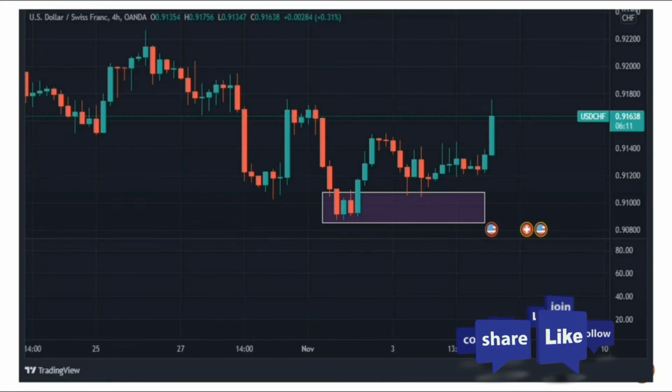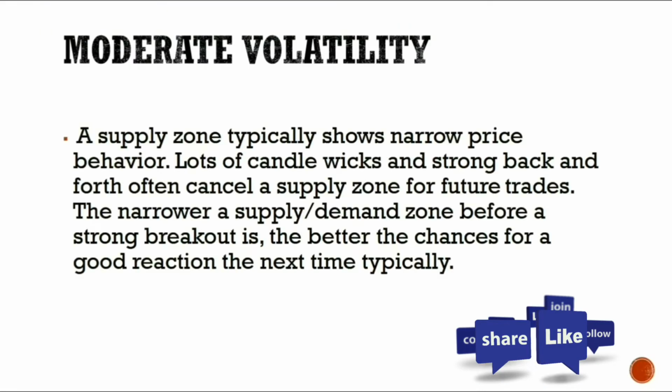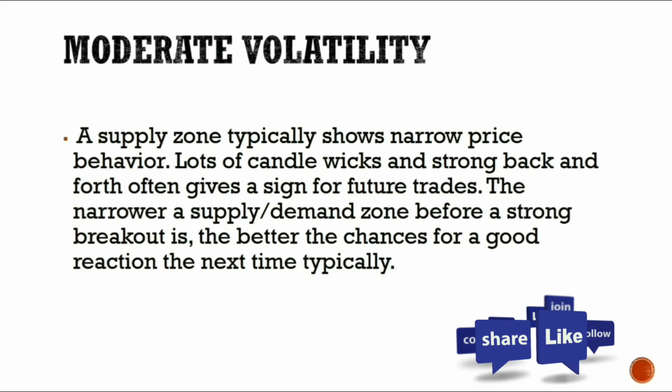If you also look at moderate volatility, we can see that a supply zone typically shows narrow price behavior. Lots of candle wicks and price struggling back and forth often give a sign for future trades. The narrower a supply or demand zone before a strong breakout, the better the chance of seeing price react at the same level in the future.